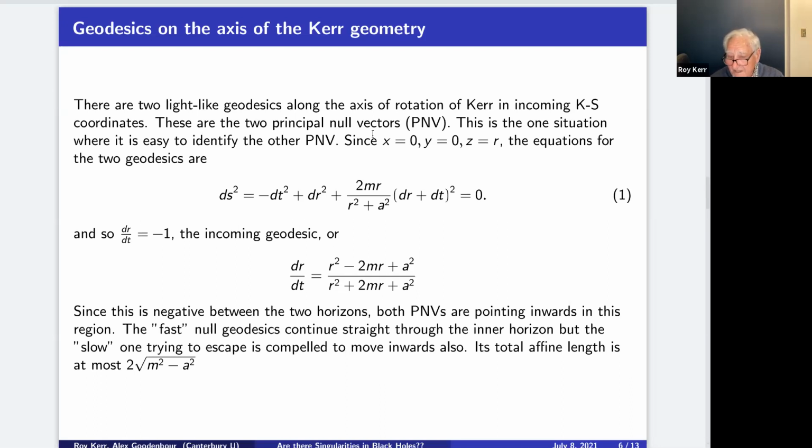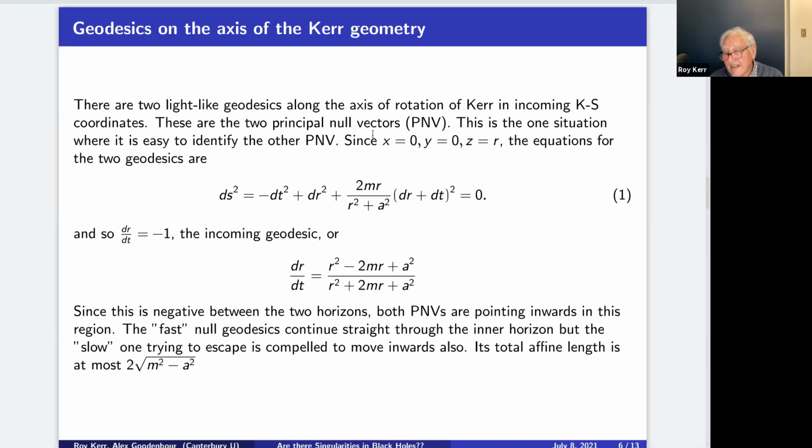Inside the horizon, both horizons, in the part that appears to have a singularity, again, this light ray can travel towards the inner horizon. So you can have light rays going up and down the axis inside the inner horizon.